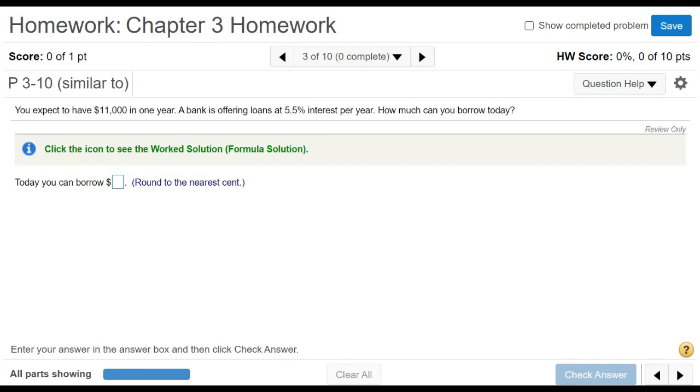You put in the number first and then hit the function. I/Y is 5.5. Payment is 0. Future value, what you expect to have in 1 year, is 11,000, and then you compute for PV, which is present value.